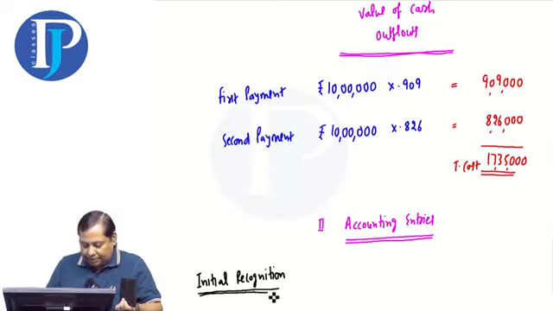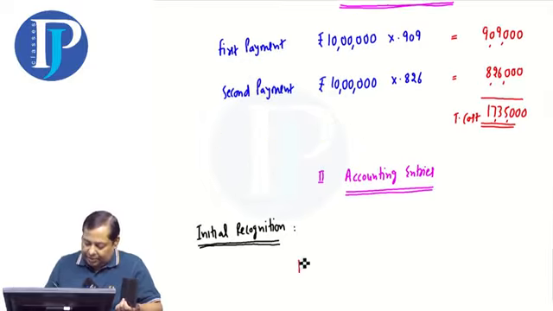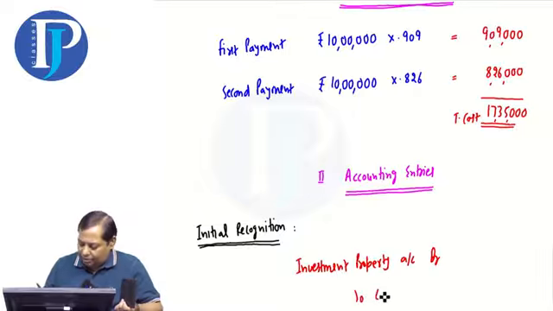Initial recognition: what entry should I pass? I will pass the entry: Investment property account debit to the creditors. I purchased the property on loan. 17 lakhs 35,000.